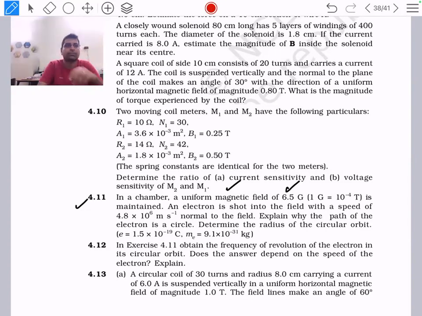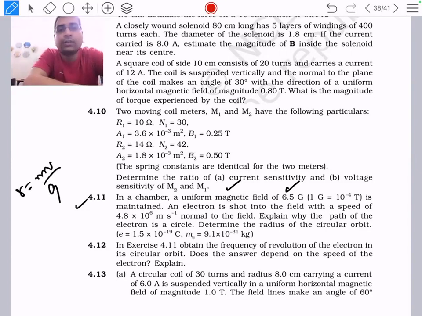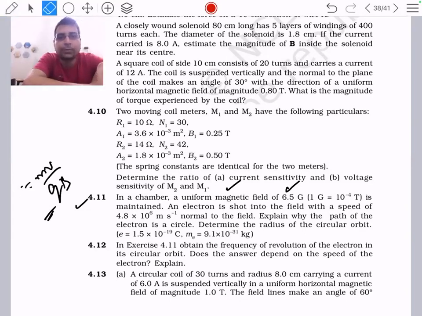B is 6.5 into 10 power minus 4. So R is equal to mv divided by qB. All the 4 parameters are given. Your work is only to substitute and find the required answer. I hope that part you can do, so I'm leaving it to you.